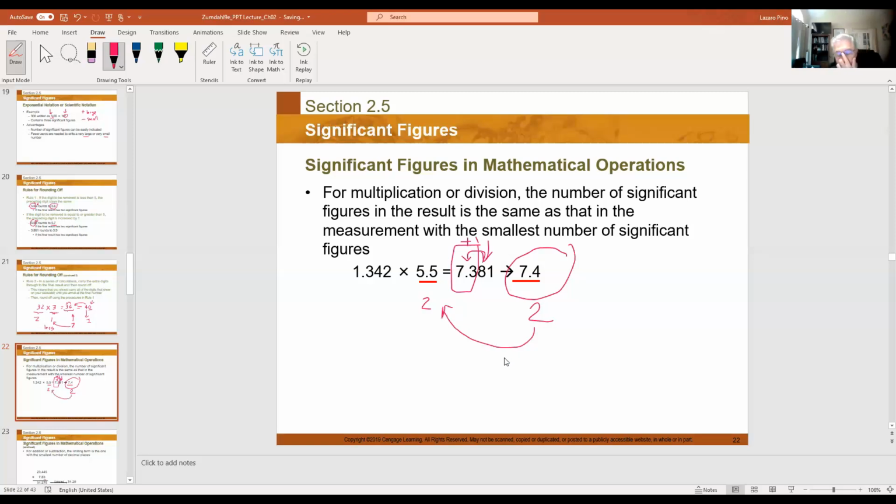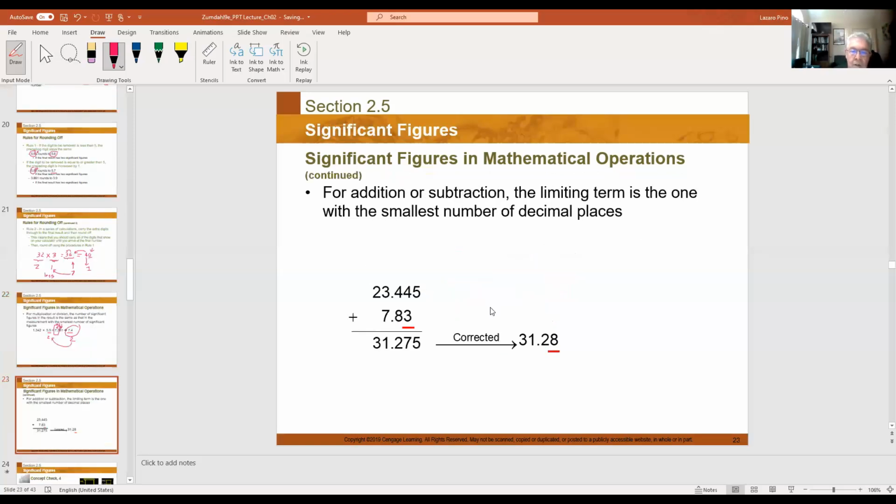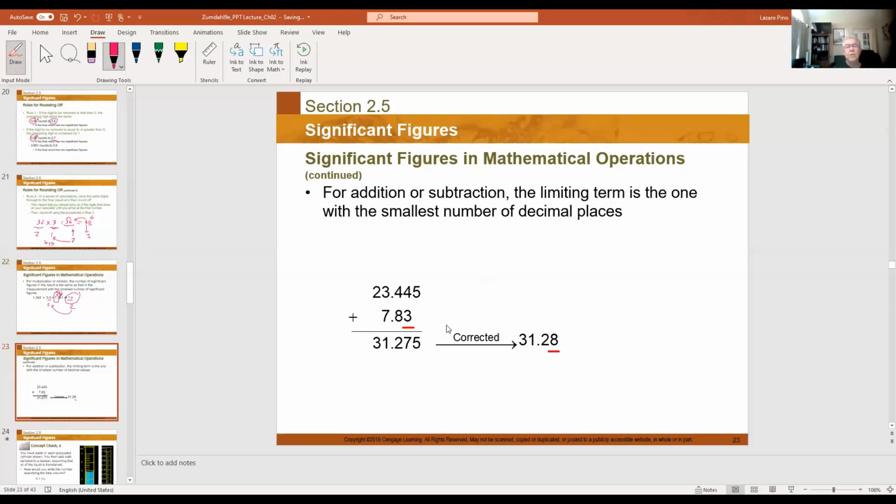This corresponds to multiplication and also for division, but not for addition and subtraction. The correct way to do an analysis of addition or subtraction is doing the operation this way.